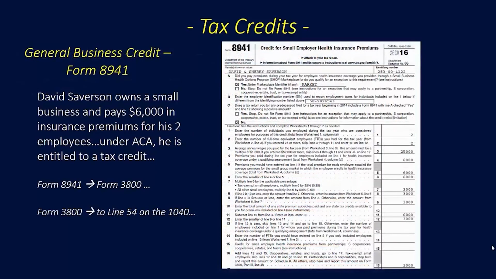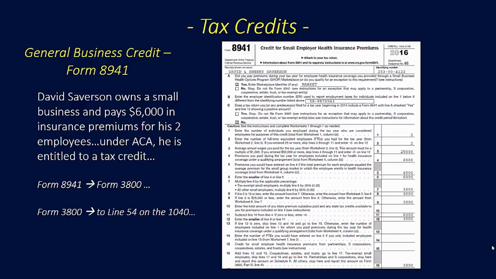One of the general business credits that we need to take a look at is found on Form 8941. You may run into this somewhere in your tax preparation career. This is the credit for small employer health insurance premiums. For example, David Saverson owns a small business and pays $6,000 in insurance premiums for his 2 employees.